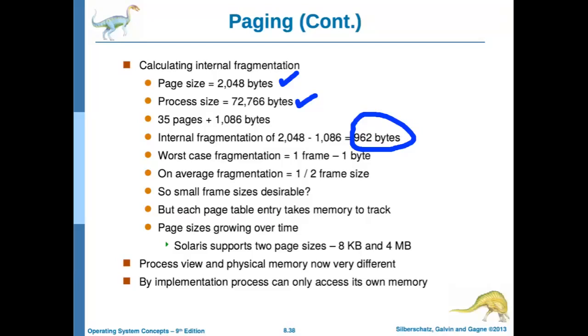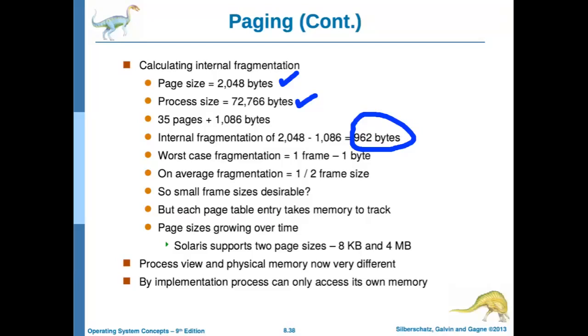So what is the best approximation? That has to be decided by the operating system based on some historic data. For example, the Solaris operating system, previously Sun Solaris, now called Oracle Solaris, supports two page sizes: one is 8 KB and one is 4 MB.